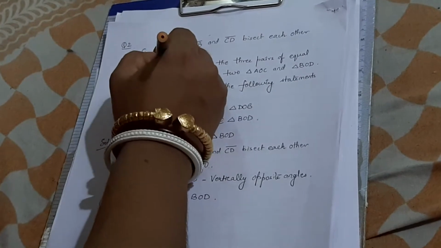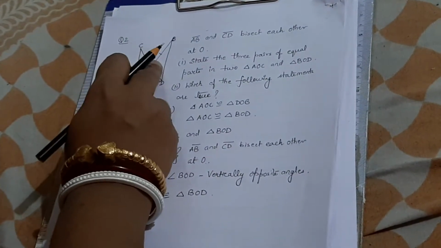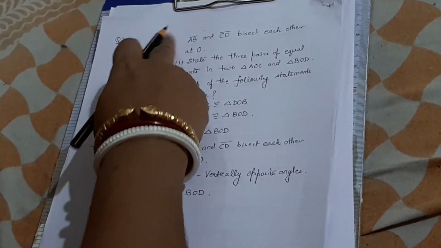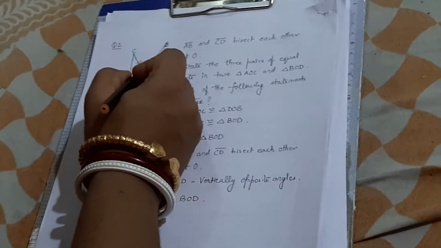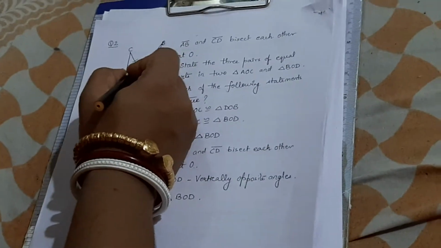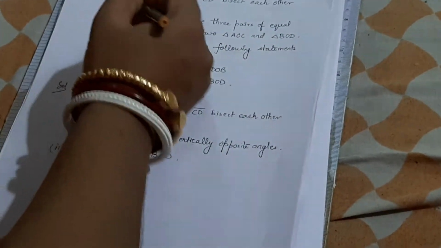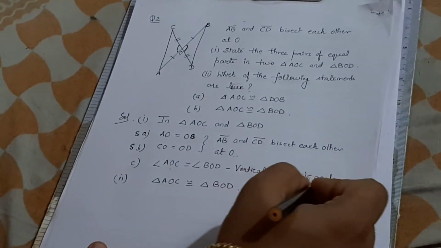Now what else? What about these two angles? Yes, these two angles are called vertically opposite angles. Whenever two lines intersect each other, two pairs of vertically opposite angles are formed. Here we require only one pair. So I have written angle AOC is equal to angle BOD, they are vertically opposite angles.